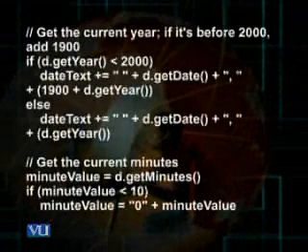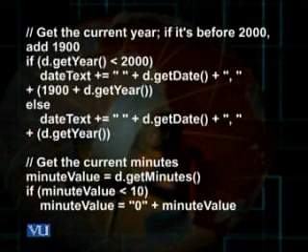So on the screen, you can see if d.getYear is less than 2000, date text plus equals, again there should be a blank space. Whatever is already filled in the variable date text should further be continued with a blank space.